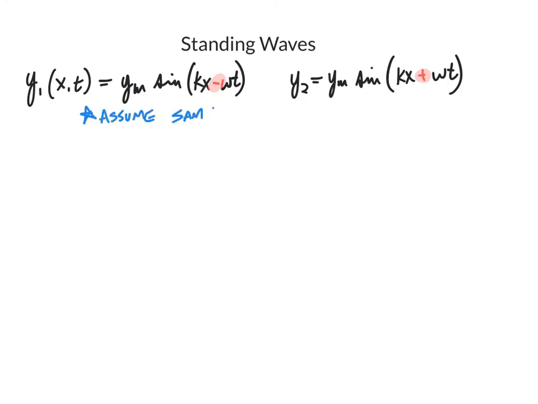Assume same speed, frequency, and amplitude. But what you have here are plus and minus x directions. Okay? So these are not going the same direction, they're going at each other.